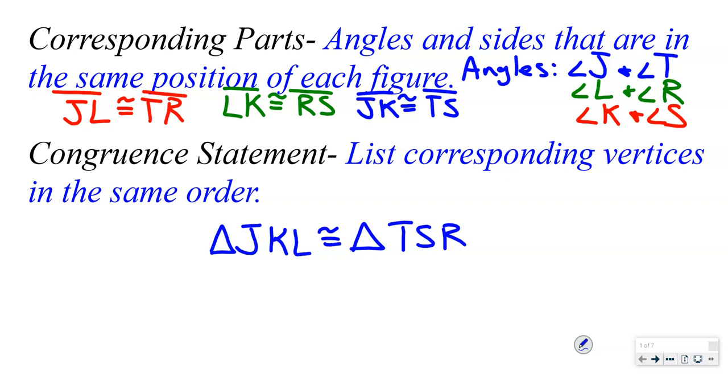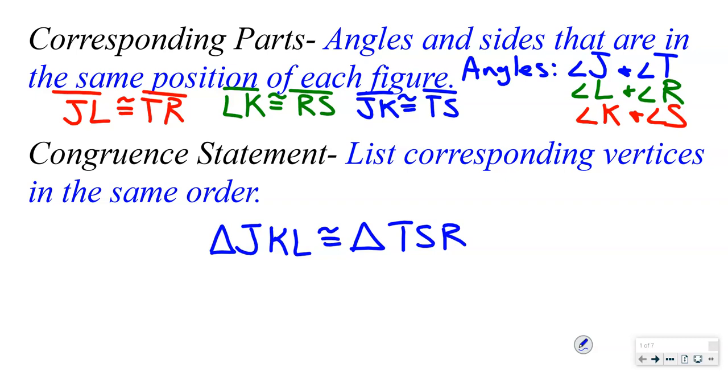So J corresponded with T, angle J and angle T. So those both had to be first. Then K and S, and L and R. And so you can go either direction around the triangle, but they do have to be in the same order. They have to match up.